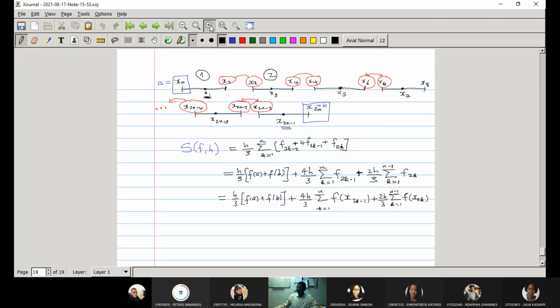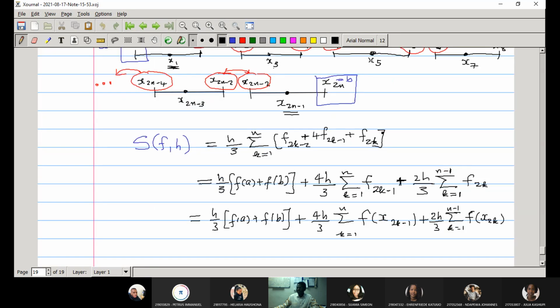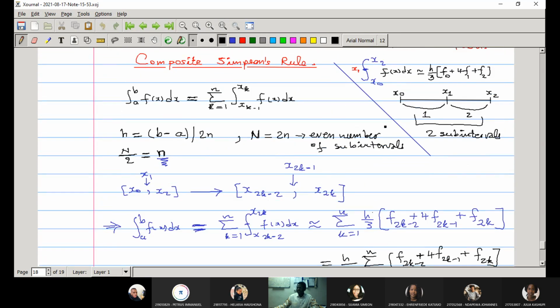Okay, so this is what we found. We use the original Simpson rule, which is defined over two sub-intervals, because we said that we need an even number of sub-intervals in order to apply our Simpson rule.